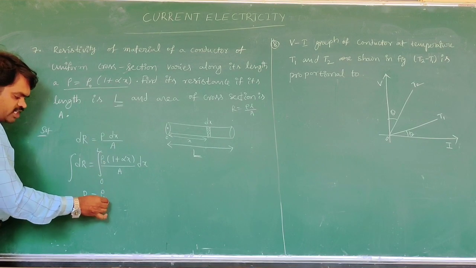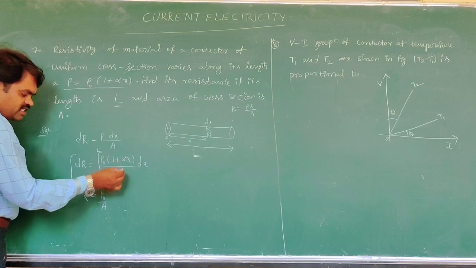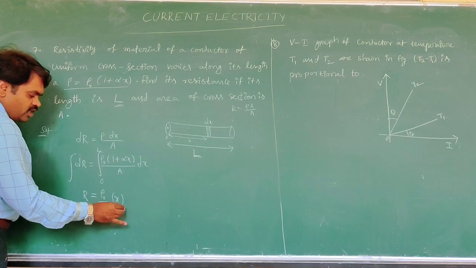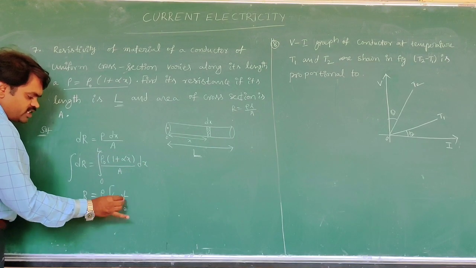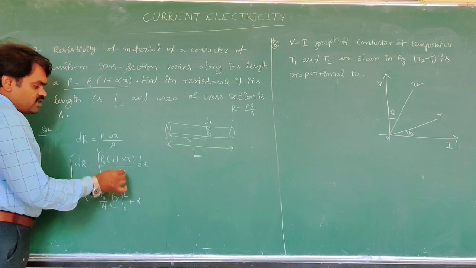Rho naught by A is a constant. Now the integral of 1 dx is x, the upper limit and lower limit we write here, plus alpha is a constant.